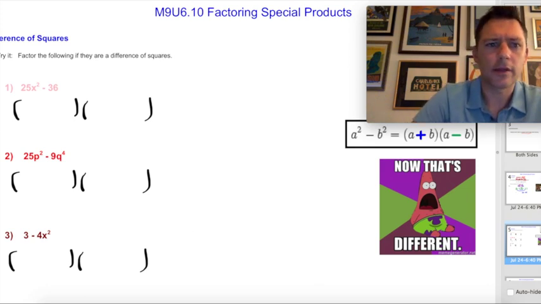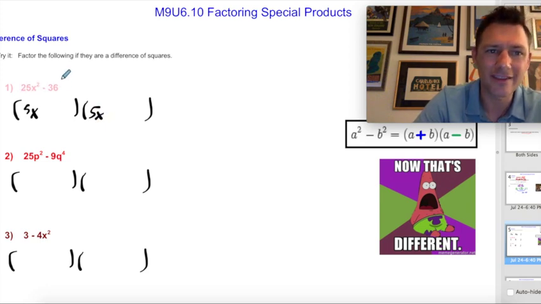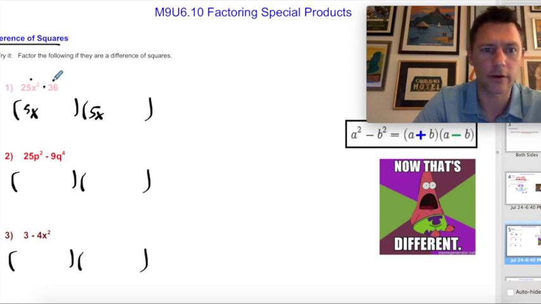If you haven't already, this is 5x and 5x. That's the only way you're going to get to 25x squared. I'm guessing that we're not using 1 and 25 because this looks like the difference of perfect squares. And also 36 should come from a 6 and a 6.